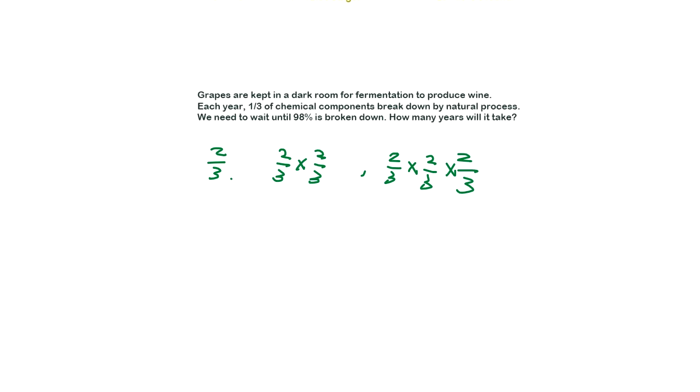So the remaining quantity n equals (2/3) to the power of the number of years x, right? And the remaining quantity becomes 2%.